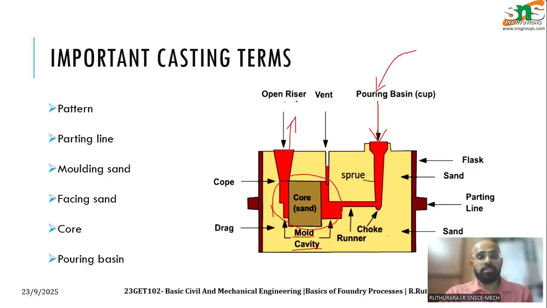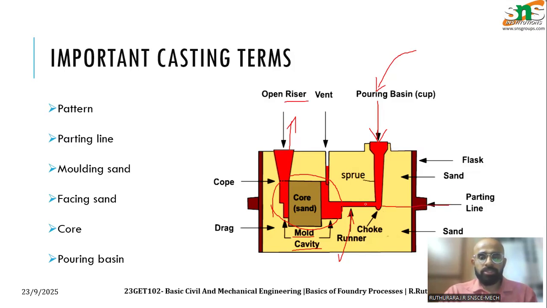Hence this is called a riser. If you see the name, it's actually quite explanatory. This is the pouring basin and this part is called the runner. It is called the runner because the molten metal is poured here, it runs through this and it rises here, hence it is called a riser. So you have your mold cavity, pouring basin, runner and riser.